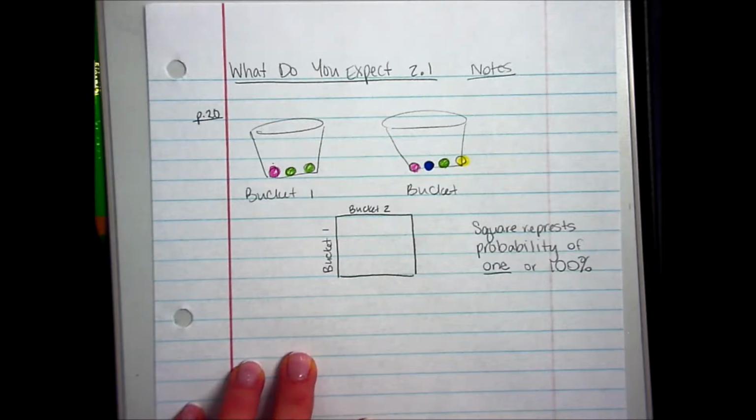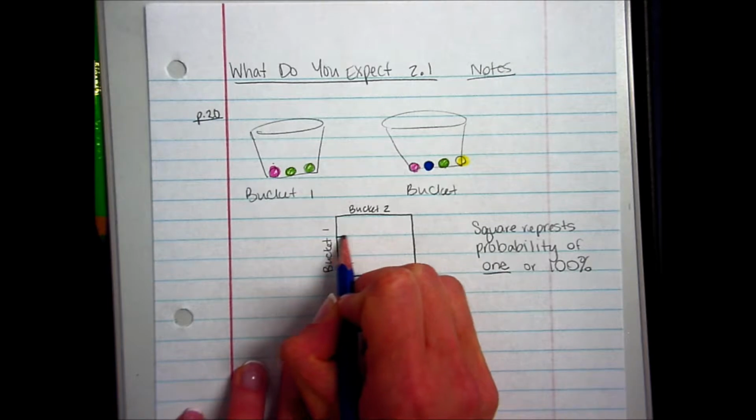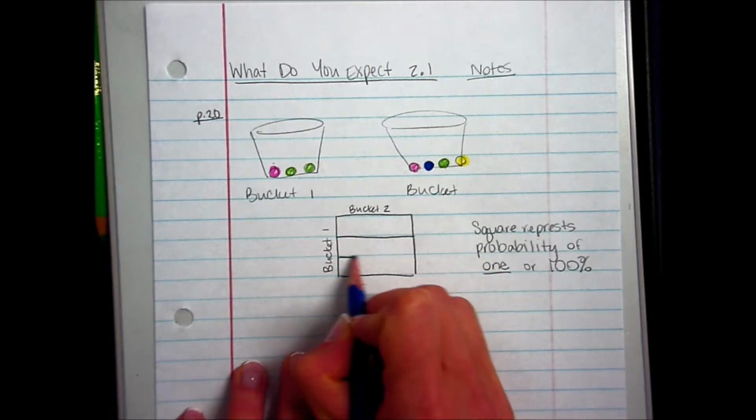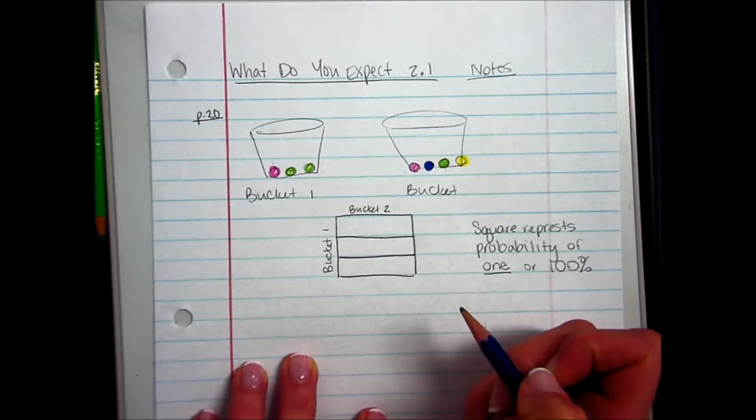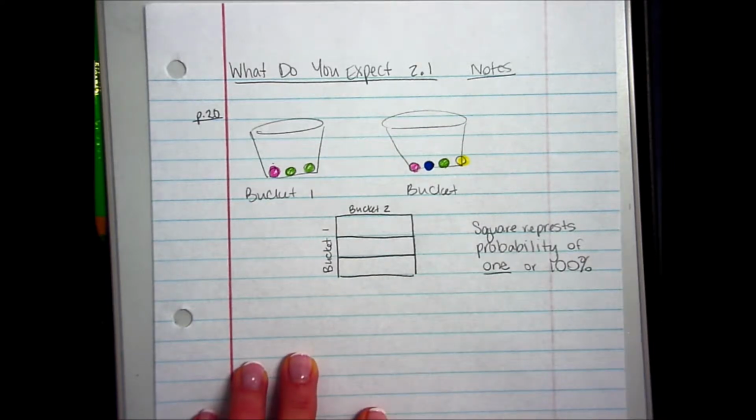Okay, so bucket 1 has 3 choices, and so we'll divide bucket 1 into 3 equal sections. Because if I reach into bucket 1, I have an equal chance of pulling one of the 3 out.